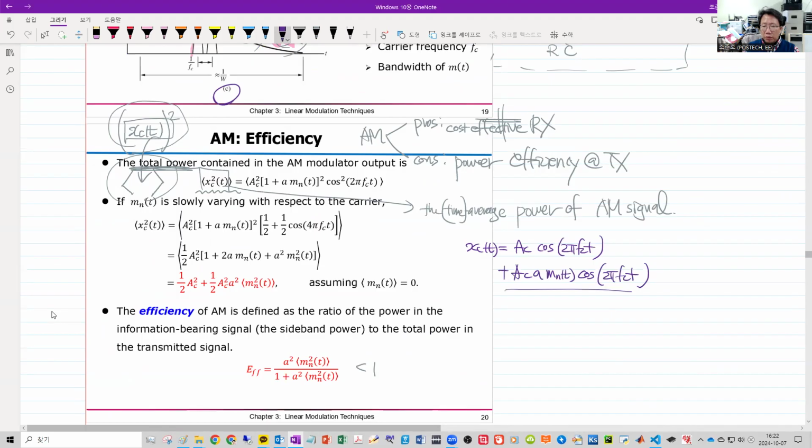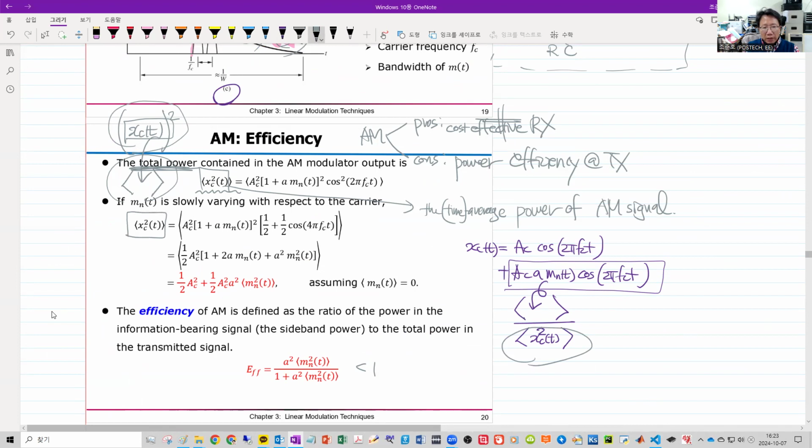So this part conveys the message signal. So what you want to know is that among the total average power, what is the power of this message conveying signal? Got it? So we compute the denominator first, and here it goes.